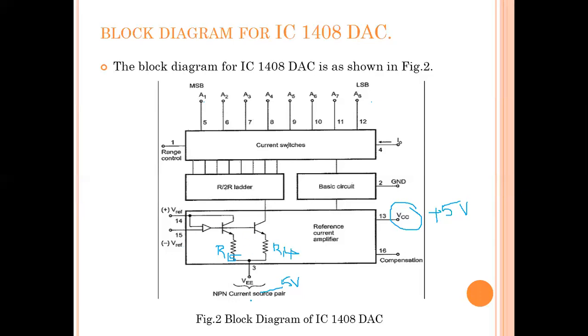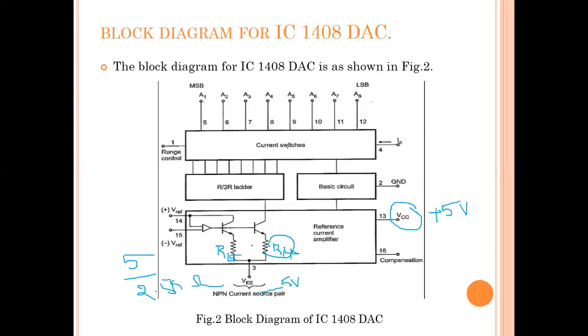Based on the value of resistor R14 and the reference voltage, this will give VR by R14, that is 5 divided by 2.5 kilo ohms.